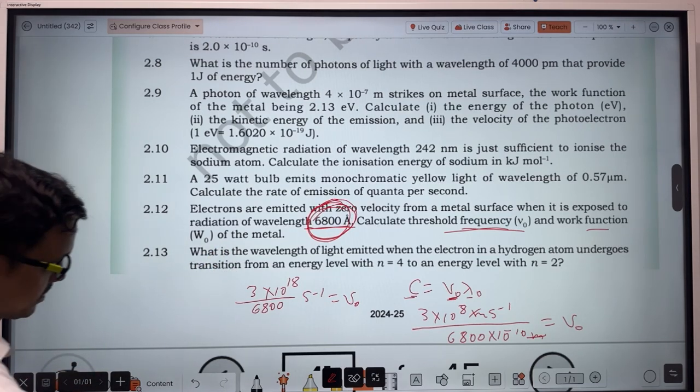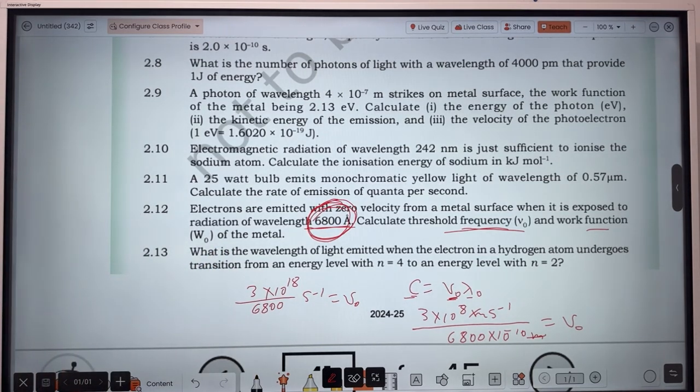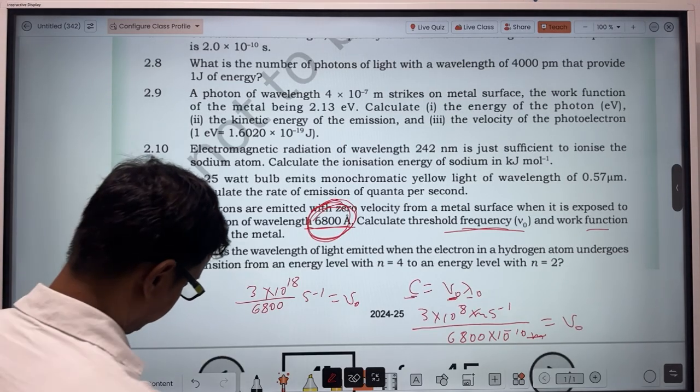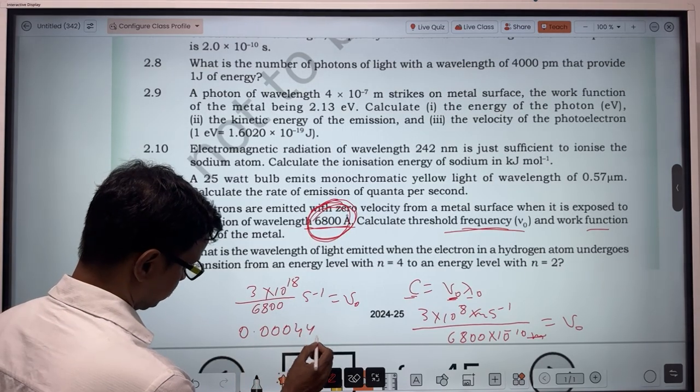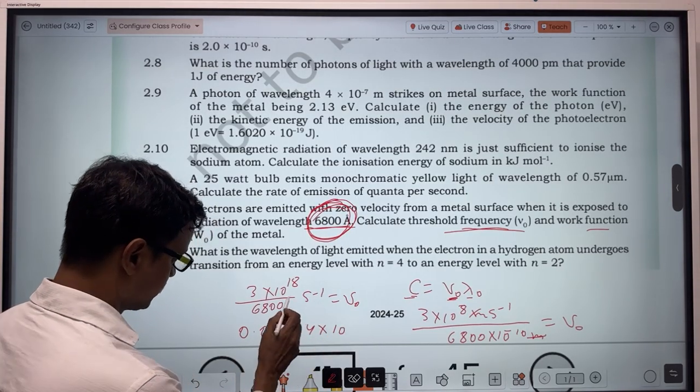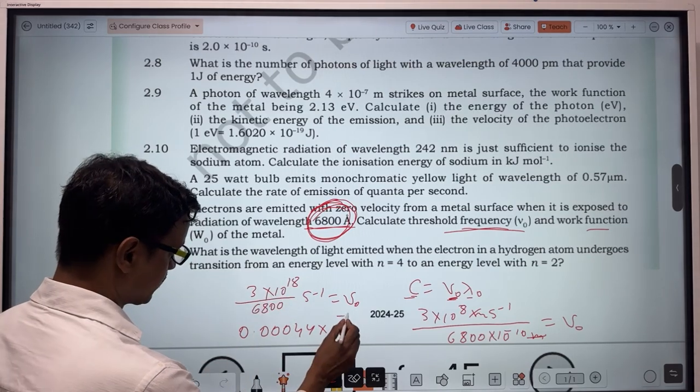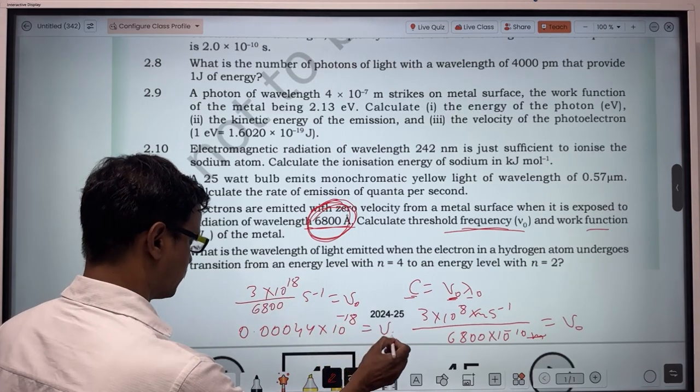How do we calculate this? 3 divided by 6800 is 0.00044, into 10 power 18, so 10 power minus 18. That is equal to the threshold frequency.